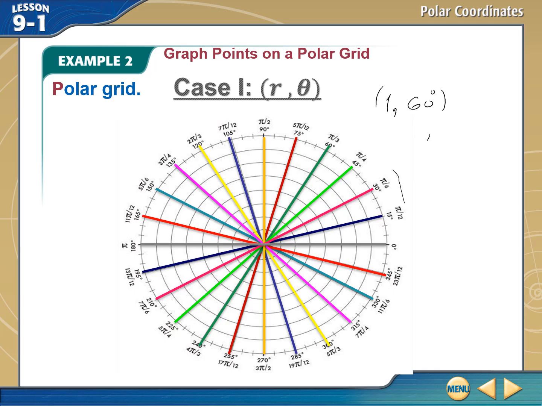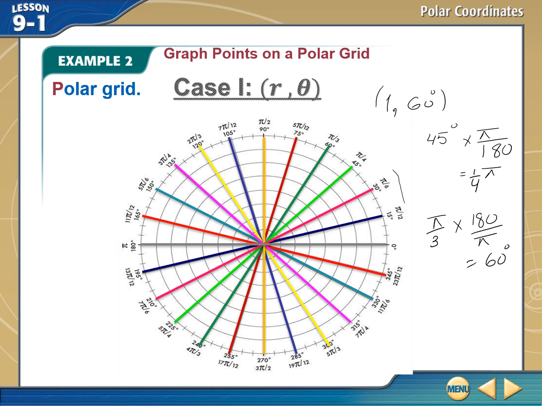If you remember how to change degrees into radians, multiply by pi over 180, so you will get 1 over 4 pi. Similarly, if you have radians, say pi over 3, and you want to change it into degrees, multiply by 180 over pi, and this will give you 60 degrees. This is how we convert degrees into radians and radians into degrees.